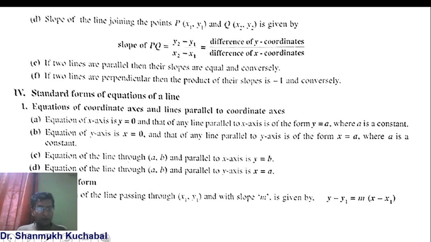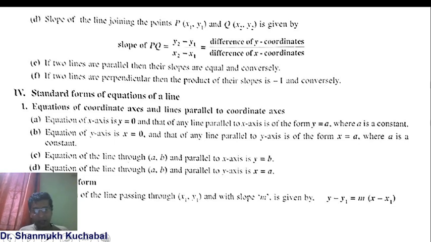This is the formula. If two lines are parallel, then their slopes are equal and conversely. If the lines are perpendicular, then the product of their slopes is -1. That is, if the lines are parallel, with m1 the first slope and m2 the second slope, then m1 equals m2.